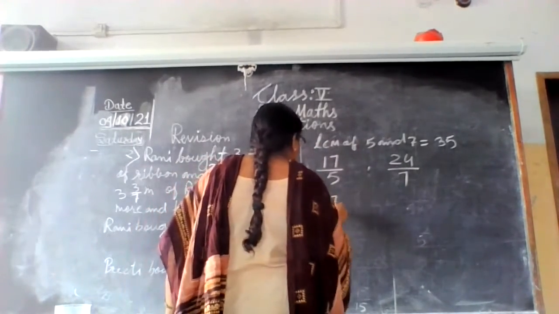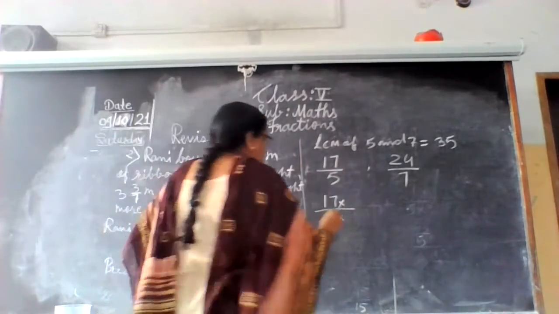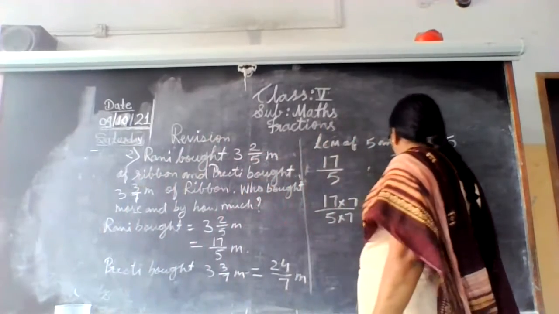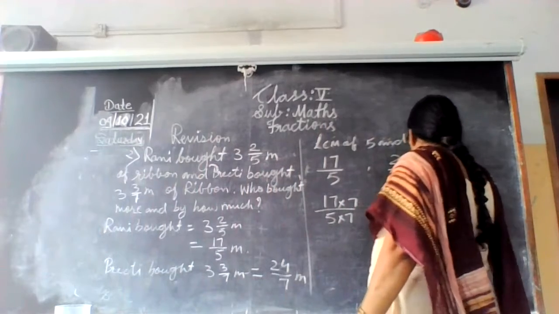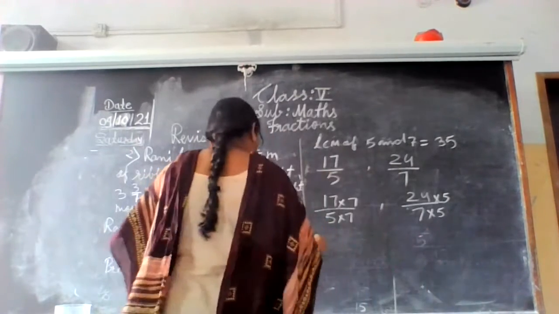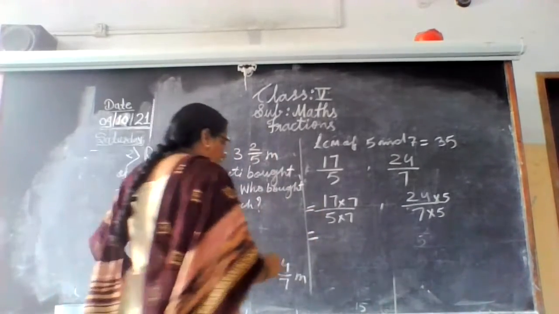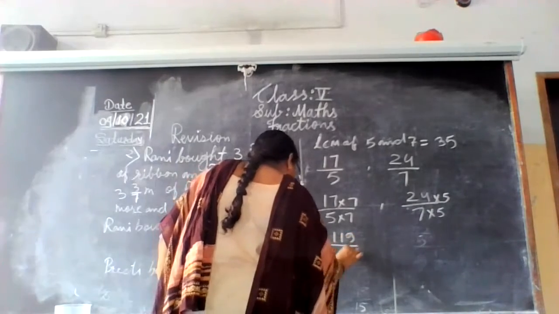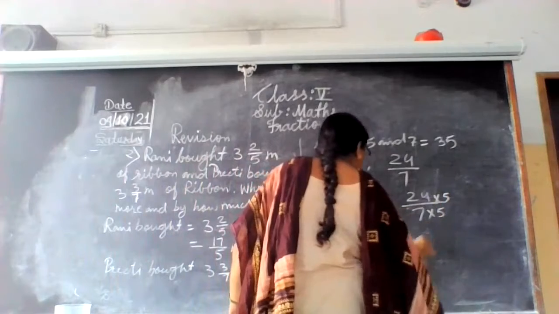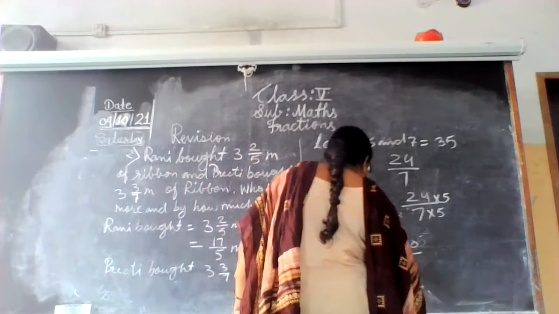To make this 5 into 35, we have to multiply it by 7. And 24 upon 7, we have to multiply it by 5. 17 sevens are 119 upon 35. It is 120 upon, sorry, 35.